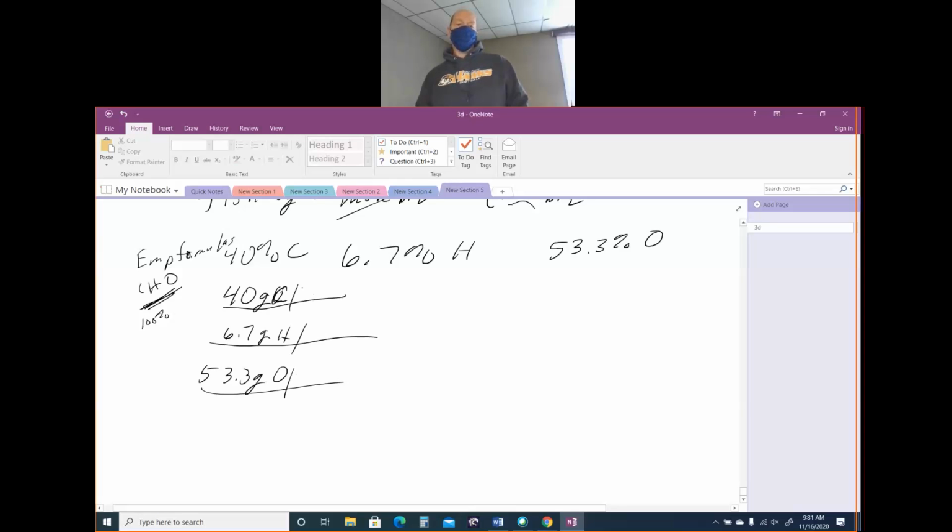All right, so you now have to get moles. So you divide by the molar mass, and you convert it into moles.